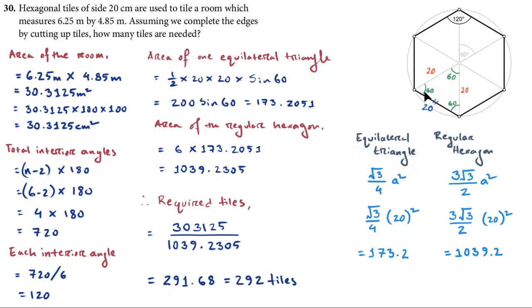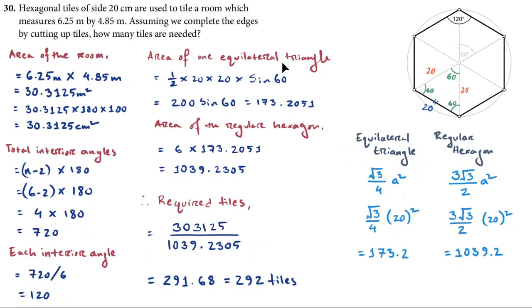The sum of angles at the base is 120, so the remaining angle should be 60. From that I got to know that this should be an equilateral triangle. If all the angles of a triangle are 60, it has to be an equilateral triangle.